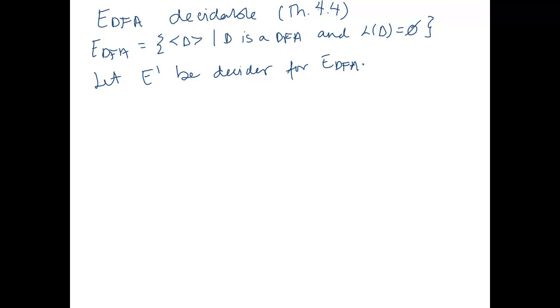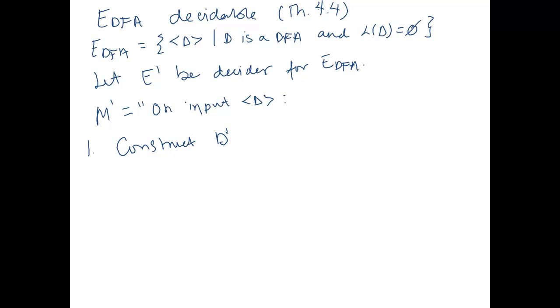Okay, so let's make another machine M prime, and its description is: on input D, and again we're saying where D is a DFA. If it's not a DFA, immediately reject. Okay, so what are we going to do here? We are going to construct another machine. We're going to call it D prime.